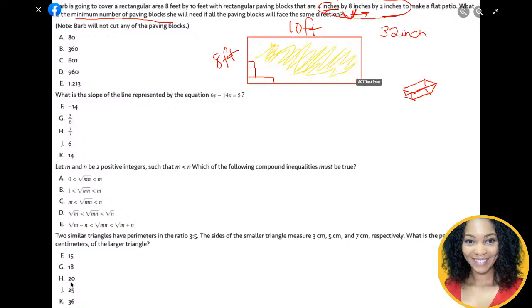So how will we figure this out then? We need to know the area inside of this whole rectangle, of course, in the same units. So we might want to go ahead and convert that to inches. And then we can divide it by the area of one paving block, and that'll tell us our minimum amount. So let's go ahead and do a conversion of 8 feet into inches, and that's multiplying by 12.